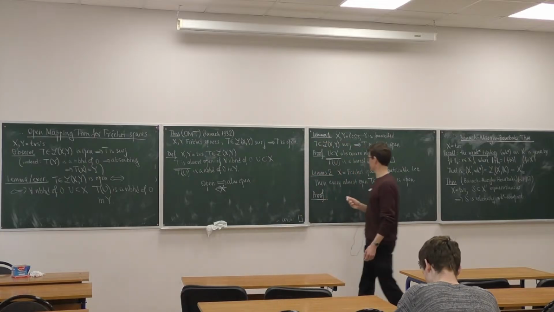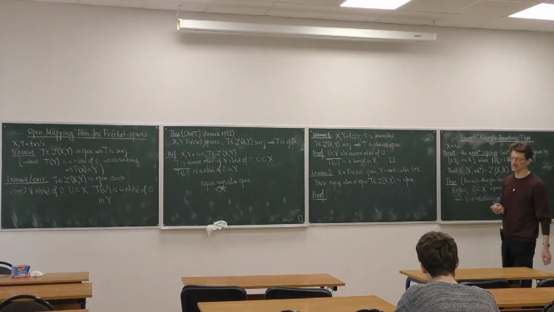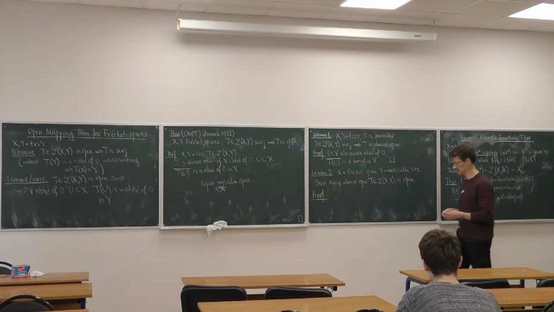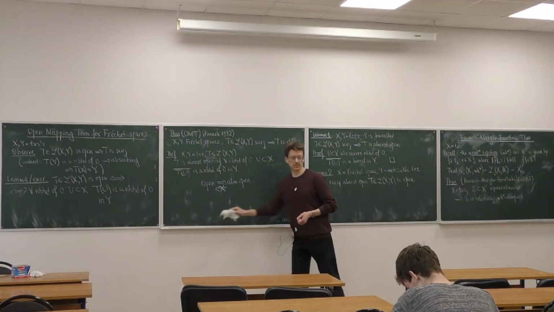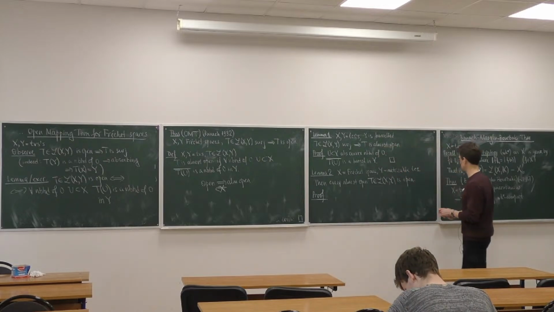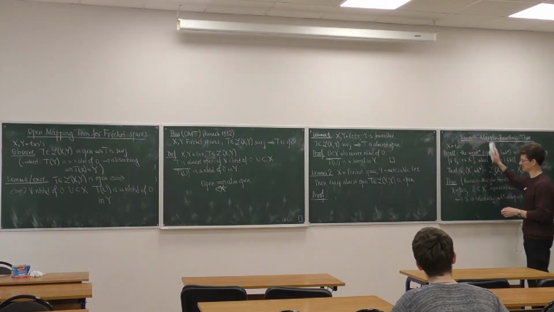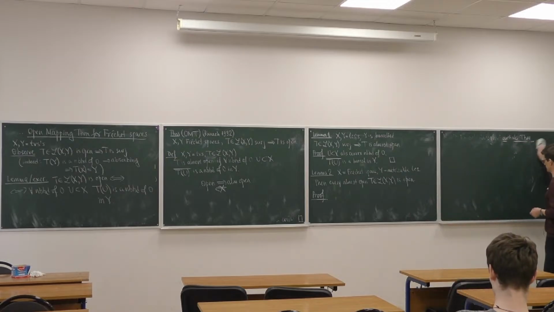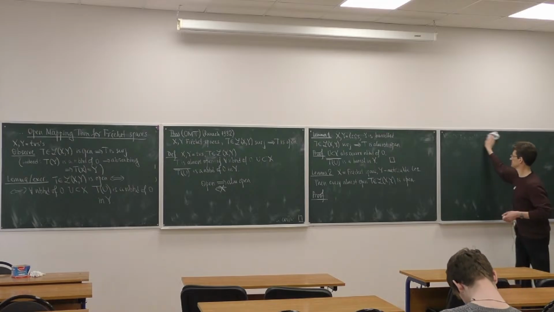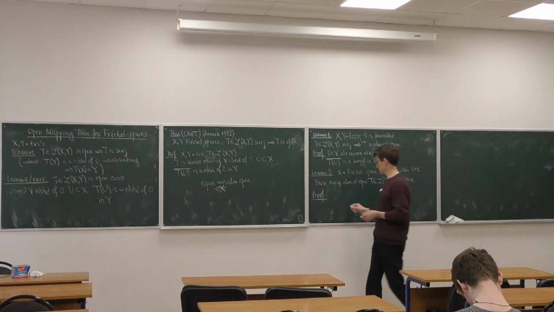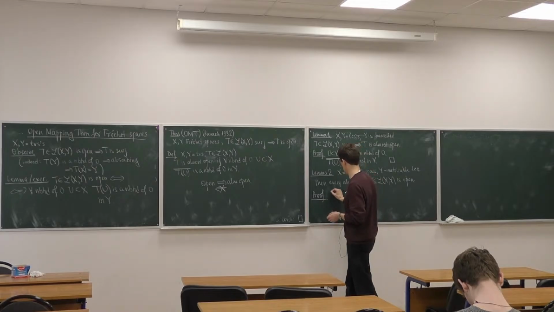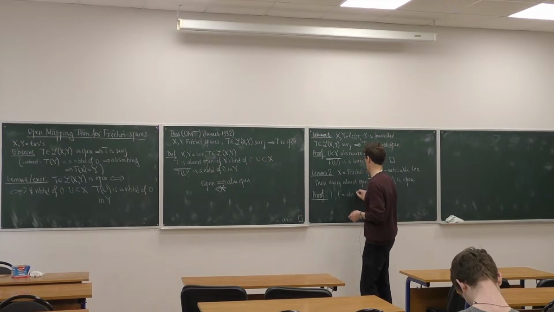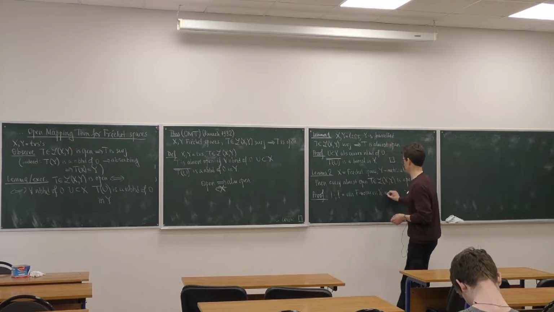Well, why is it so? Both X and Y are metrizable, and we know that a locally convex space is metrizable if and only if its topology can be generated by an F norm. That is a function which is something like a norm, but not necessarily homogeneous. So let's choose such norms. This is an F norm on X, which generates the topology.